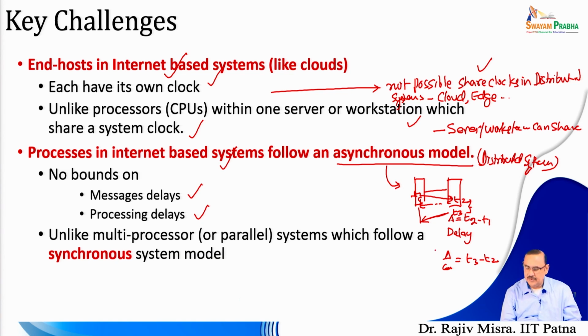So, there are two types of delays incurred: one is called the message delay, the other is called the processing delay, and these bounds are not known in an asynchronous model of computation. So, we are not talking about a single system like a server or a workstation, which is an example of a synchronous system.